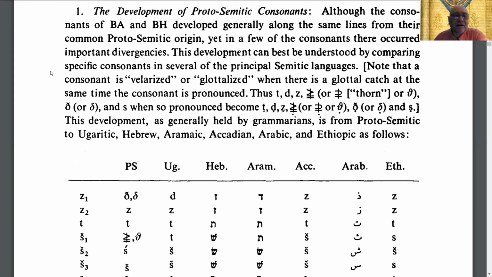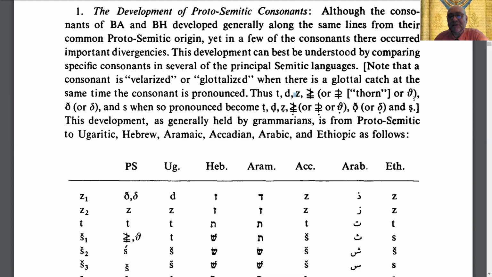Note that a consonant is velarized or glottalized when there is a glottal catch at the same time the consonant is pronounced. Thus, looks like we got the T sound, D, Z. It could be like Tet, Dalet, or Zayin, potentially sounding.